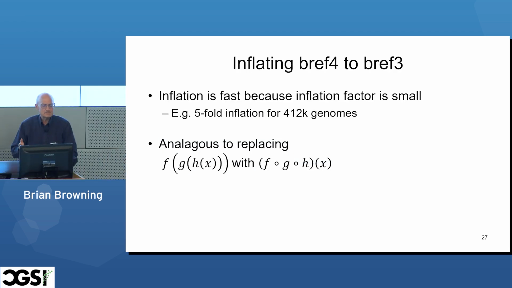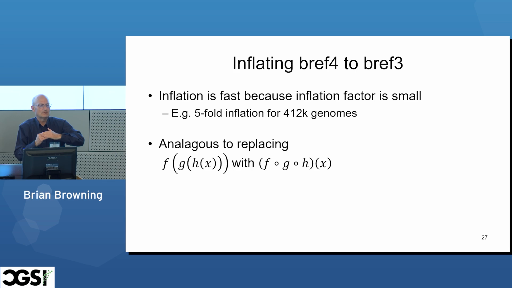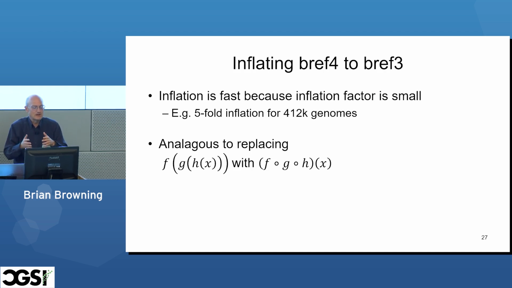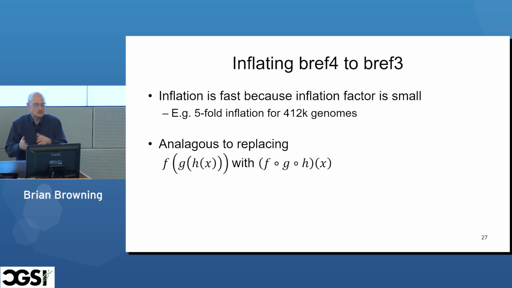The inflation's fast because the inflation factor is very small. BREF4 is about 14,000-fold compression compared to uncompressed data, and we're only decompressing it up 5-fold. So you're not increasing the size that much, so that makes it very fast. And then what you do is analogous to replacing a sequence of evaluated functions, h of x and g of h of x and f of g of h of x, with just the composition of functions of x.